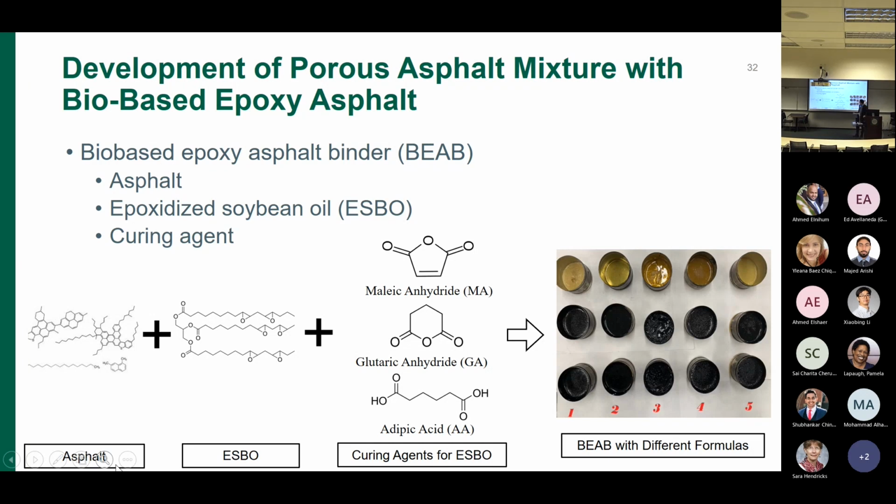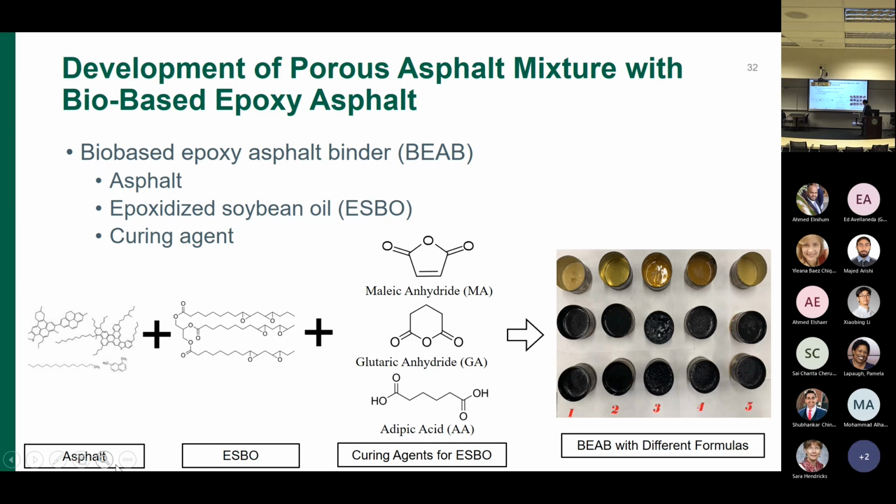We took their findings on the development of the bio-based epoxy material and mixed them with the asphalt, including some curing agents. We tried different combinations of bio-based epoxy material, specifically epoxidized soybean oil, with asphalt and several curing agent alternatives.